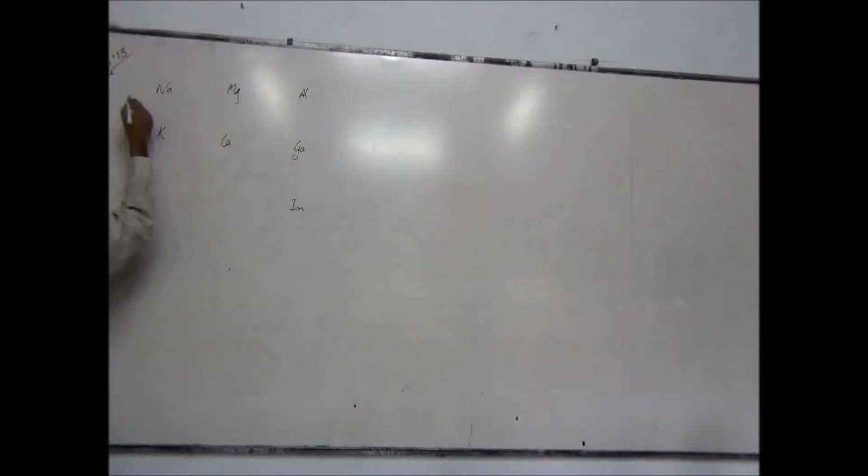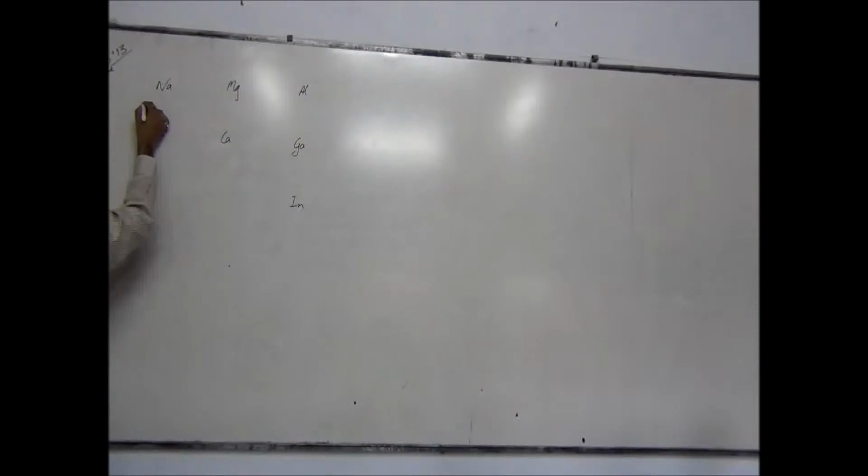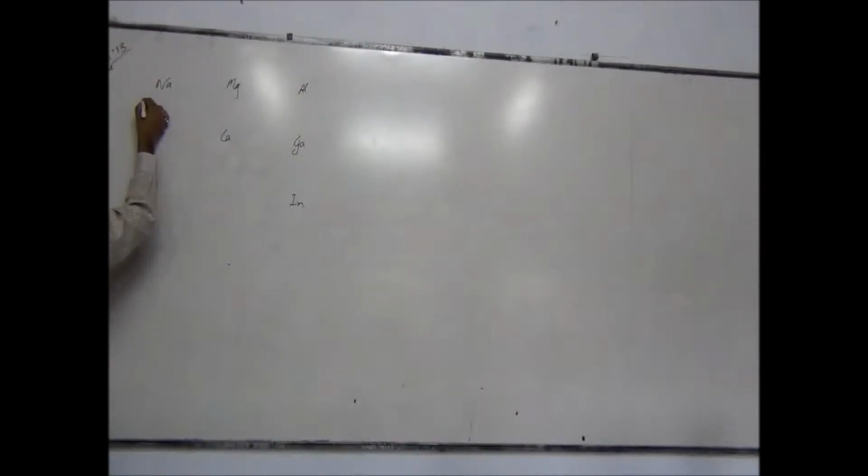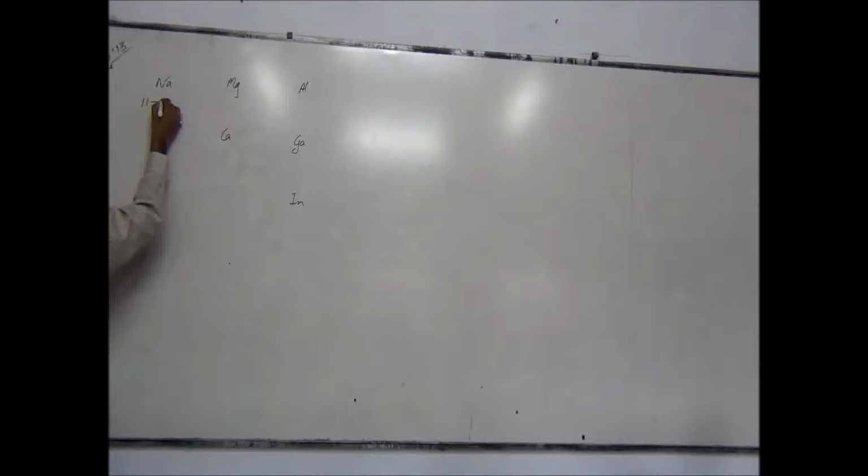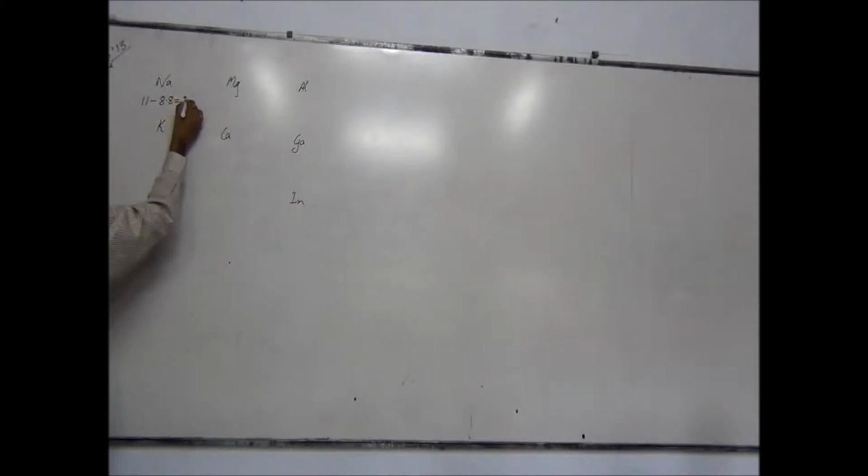So its effective nuclear charge would turn out to be the atomic number, that's 11, minus 8.8, that will turn out to be 2.2. So sodium has an effective nuclear charge of 2.2. Potassium, the atomic number is 19, the screening constant turned out to be 16.8, and you find again it turns out to be 2.2.